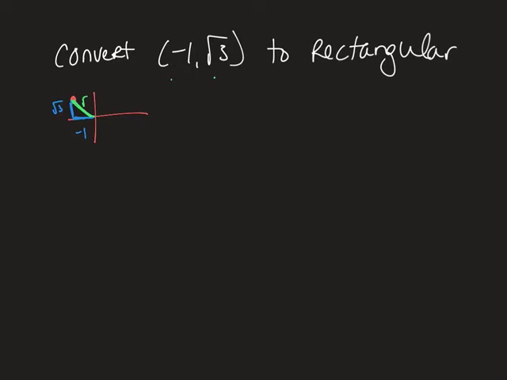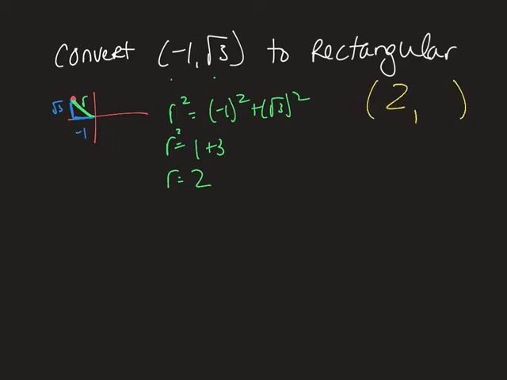Remember, it's just a right triangle, so r squared equals negative 1 squared plus radical 3 squared, right? So r squared is going to equal 1 plus 3. So r is actually going to equal 2, right? Because 1 plus 3 is 4, so r equals 2. So when we're trying to find this, we're trying to find an r and a theta. Well, I just found my r, so there's my r, so 2.